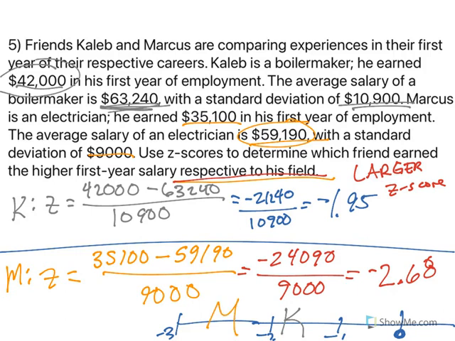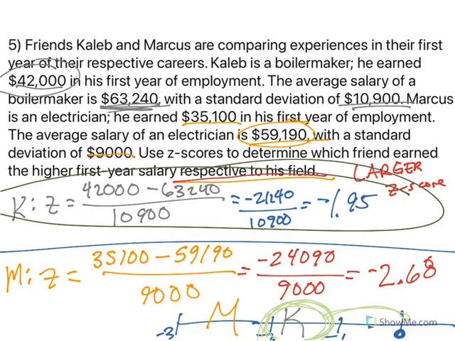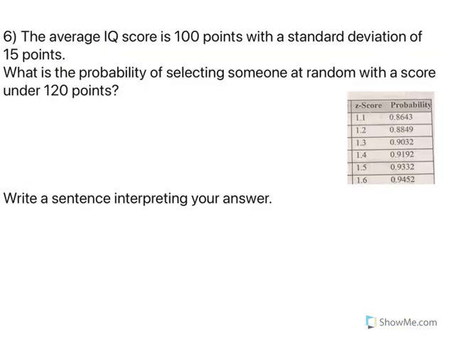If you're thinking about which negative number is bigger, which one is closer to 0? That's the bigger one. So we can see here that Caleb is closer to 0. So who is earning more respective to their field? That would be Caleb, because his z-score is higher. So Caleb is, I guess, the winner? I don't know, in this particular example.